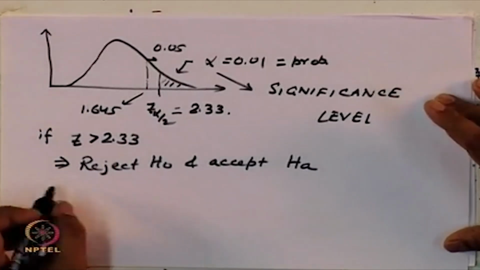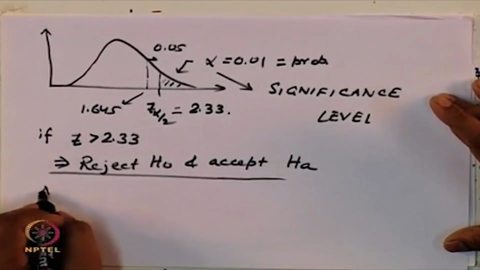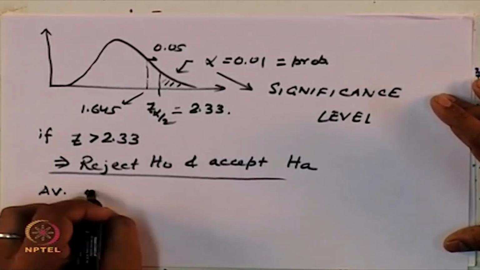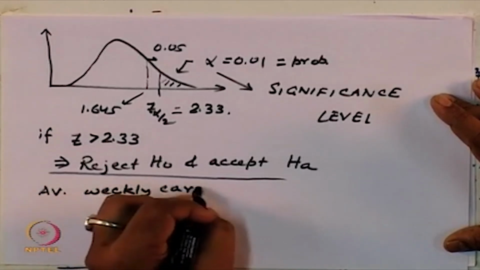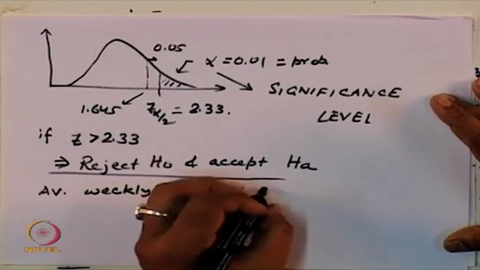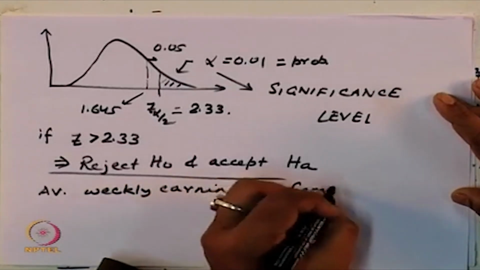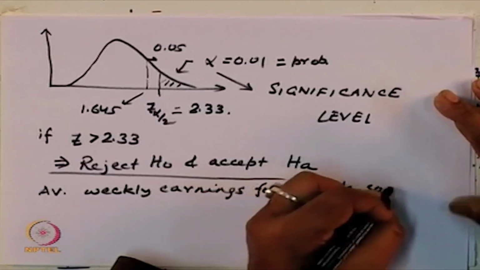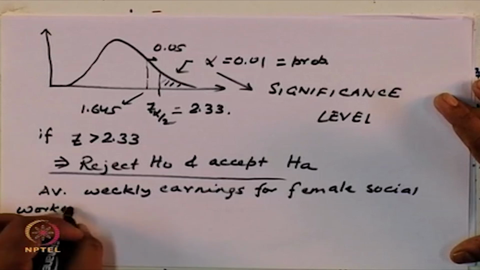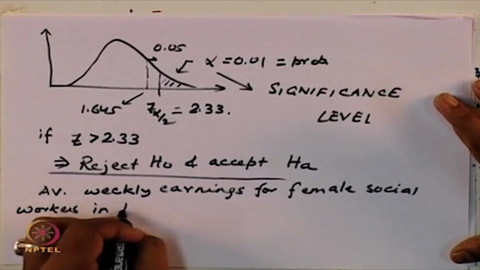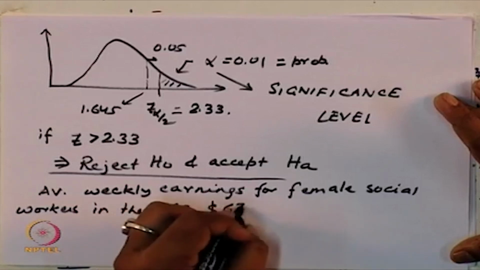Okay. So, let us take an example. The average weekly earnings for female social workers in the US equal $670.